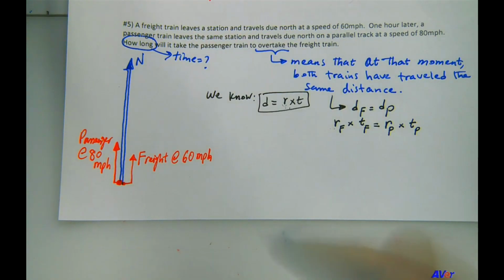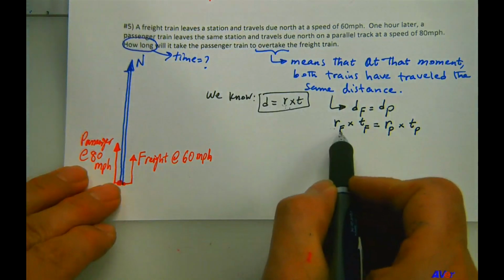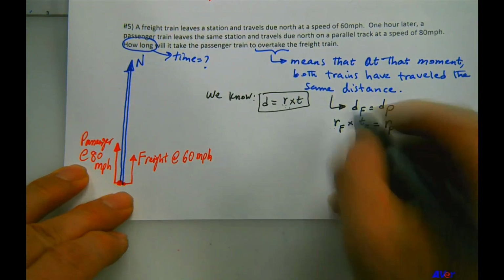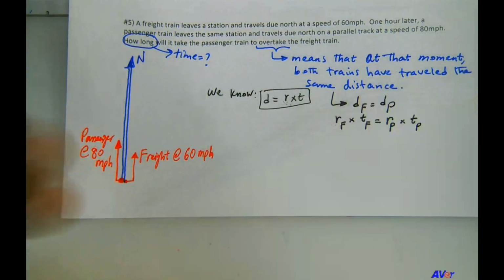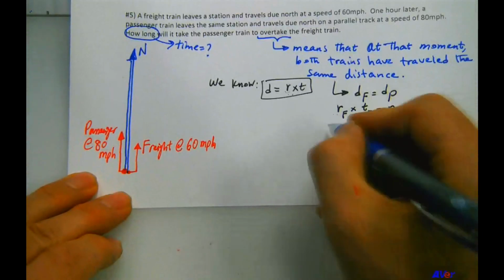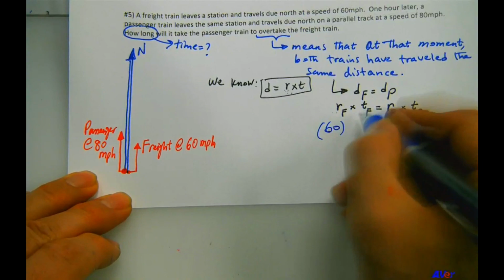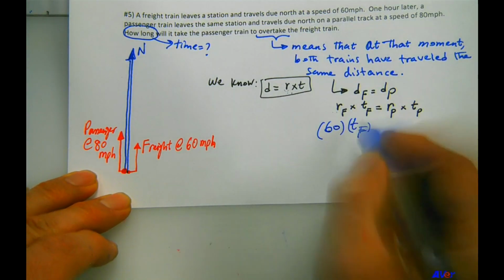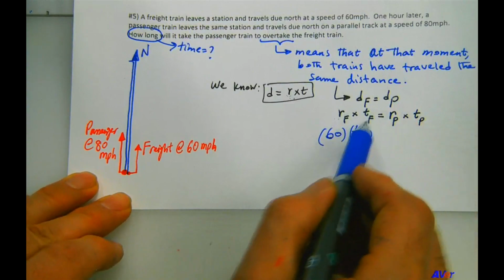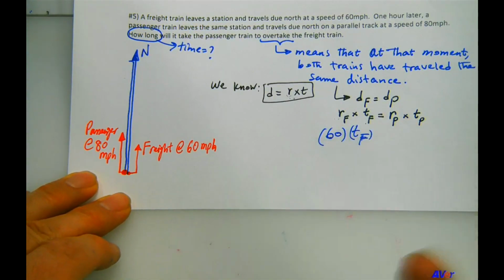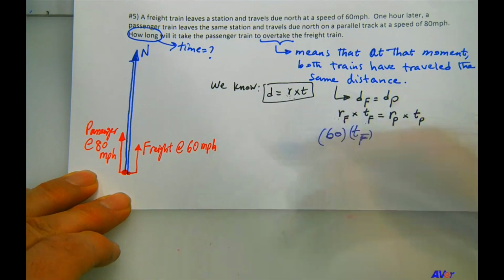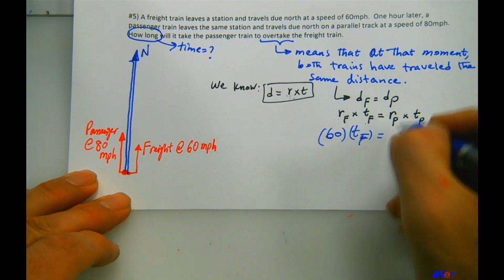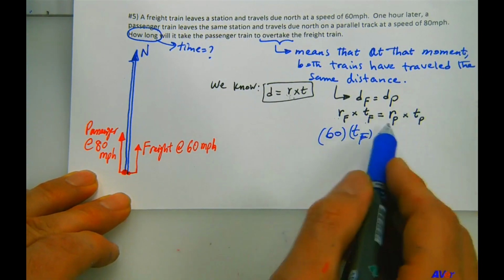Now let's plug in for what we know. We know that the freight train was going at 60 miles an hour, right? So 60 times t, the time of travel for the freight train as it is being overtaken by the passenger train, equals the speed of the passenger train.